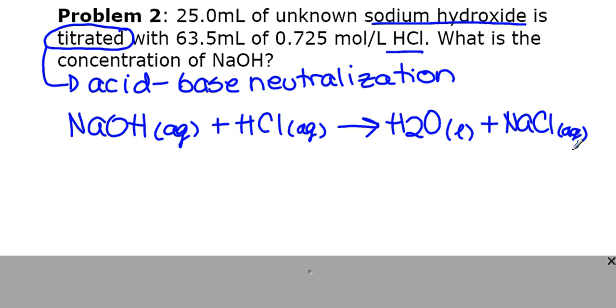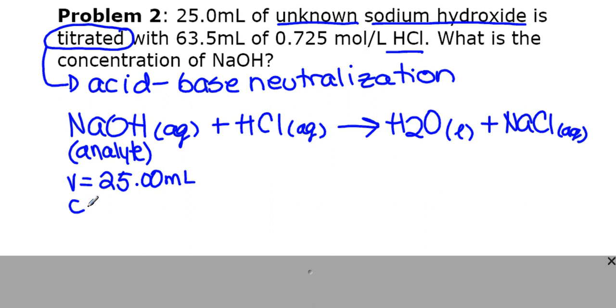So we have a volume for our sodium hydroxide, but it says it's the unknown. So in this case, the sodium hydroxide is your analyte. I'll just put this in bracket to practice some terms. We have a volume of 25 milliliters, but we don't know the concentration. Here, we have a solution of hydrochloric acid.